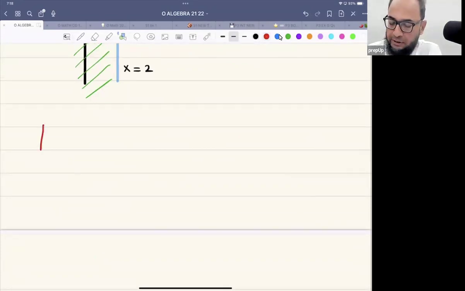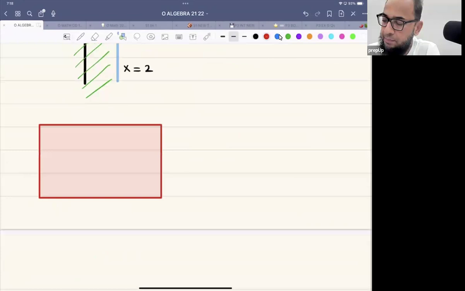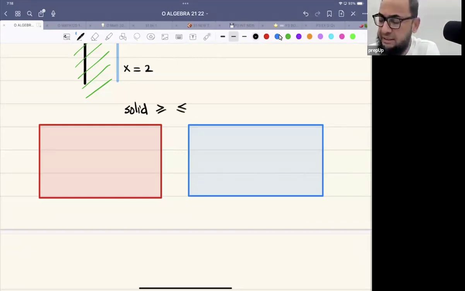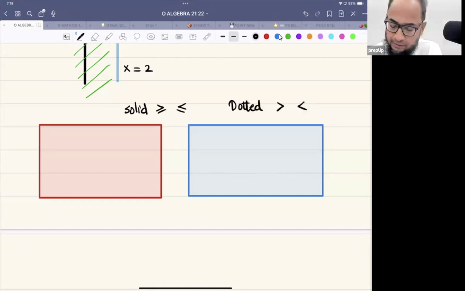Let me draw this box. Solid is greater than or equal, lesser than or equal, inclusive inequalities, and dotted is simply greater, simply lesser.